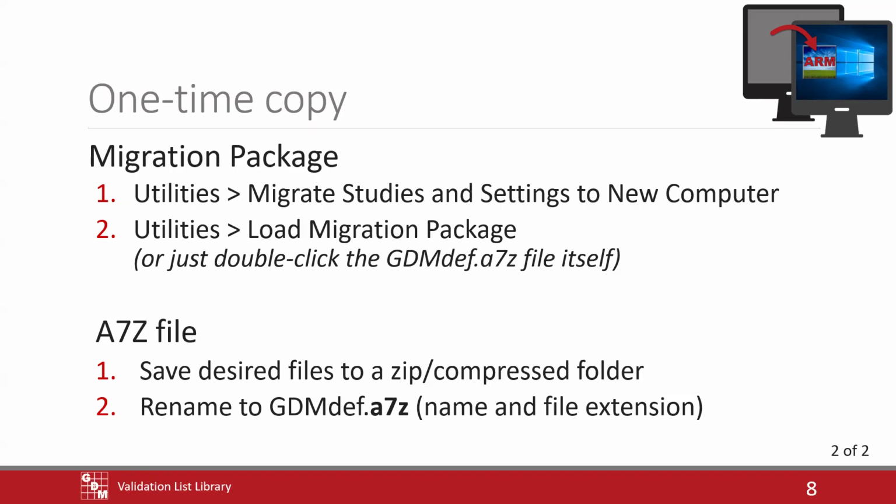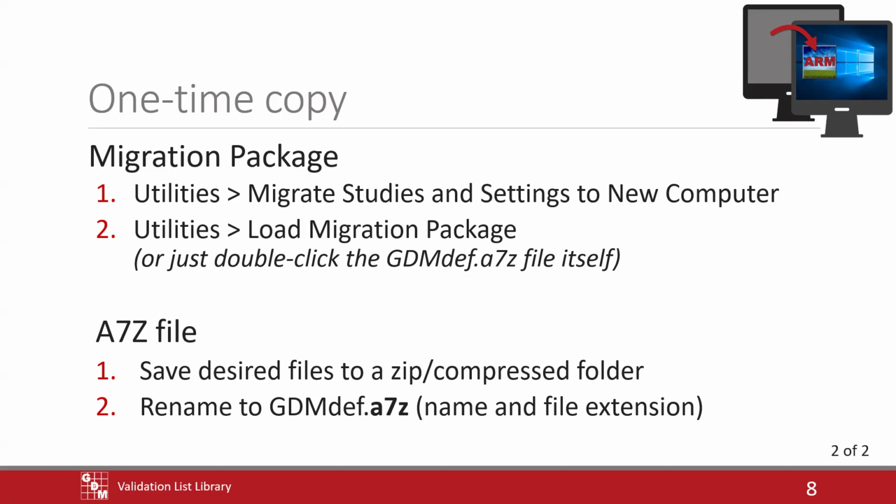The command I'm looking in my Windows, I think you can just send to a compressed zip folder right in Windows, and that'll put everything into a folder. Hopefully it'll call it gdmdef.zip, usually .zip. And the only real trick to making it work directly with ARM is to then rename that file to change the file extension.